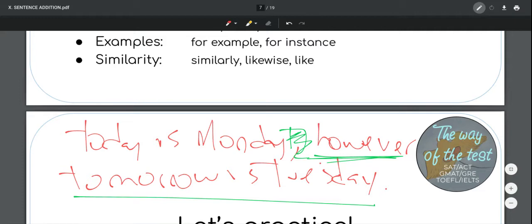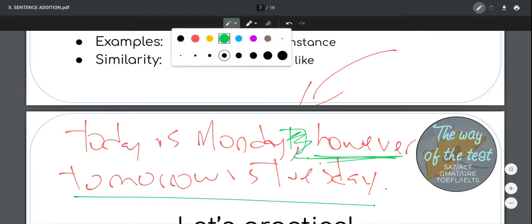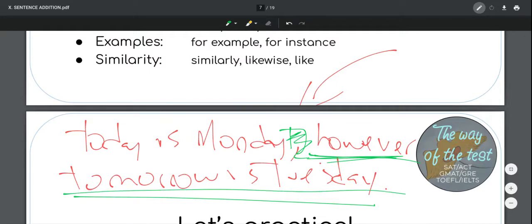So here I have a mistake, and I have to include another sentence in order to fix it. Now let's pretend that this sentence that I just underlined in green is the sentence in the question, the sentence that I'm looking for to put in one black square. I wouldn't put it here because I would be creating a fake contrast. There is no contrast between today being Monday and tomorrow being Tuesday.